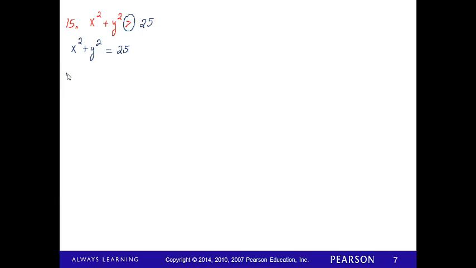Okay, so now I'm going to find the x-intercept, which means y is 0, so I get x squared equals 25. To solve for x, take the square root on both sides, so you get x equals 5 as well as negative 5. And then let's get the y-intercept. That's when x is 0, so you have y squared equals 25.